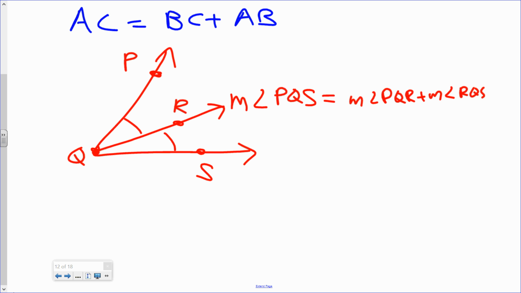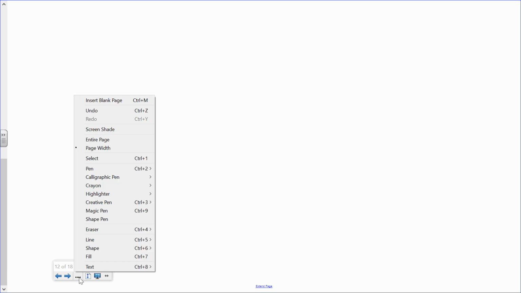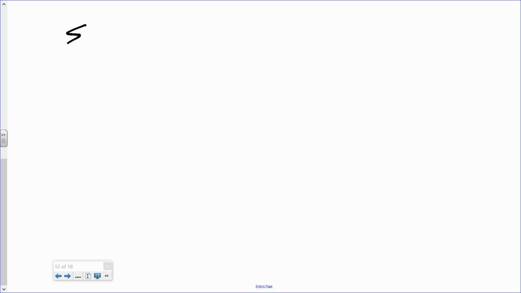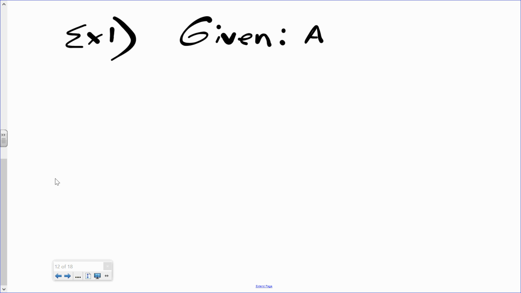All right, example 1, you could put on a separate sheet of paper or on the back of this paper. It's up to you. I could care less. Here we go. Go and write example 1. Given: segment AZ. Prove: x is equal to 5. And let me give you the picture.